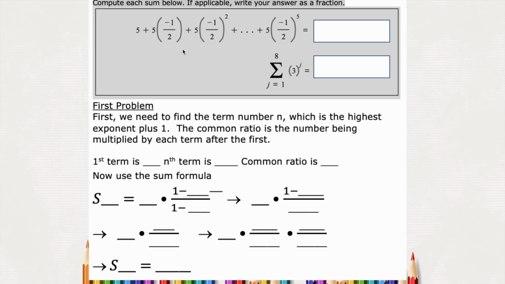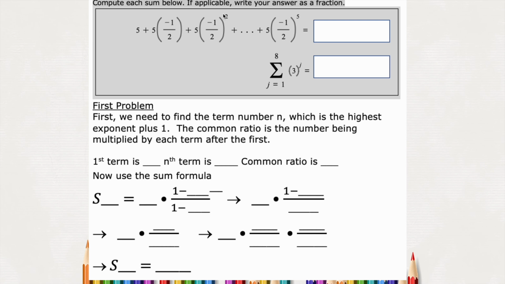Because with this one, if you notice, it's 5, 5, 5, 5. If you see that, that's that first number, right? And then this -1/2, -1/2, -1/2. Well, the first number is always being multiplied by -1/2. And then if you notice, the exponent is changing, right? There's a 1 exponent here. That's why we don't see it. There's no exponent shown here, which actually means it's 0 for the exponent. 0 exponent means 1, right?